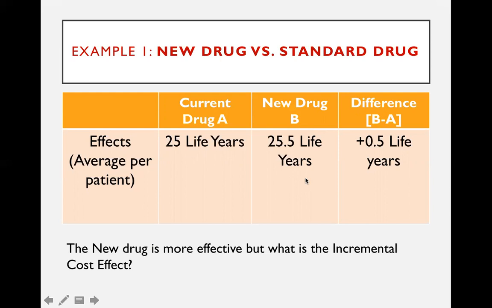Getting the difference in effects between drug A and drug B, you have a 0.5 life year benefit in drug B compared to drug A.